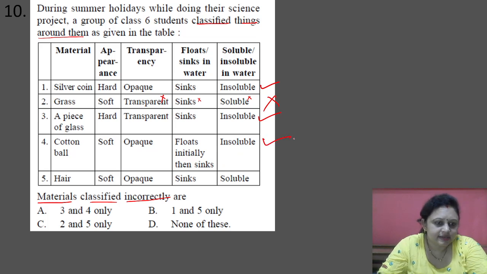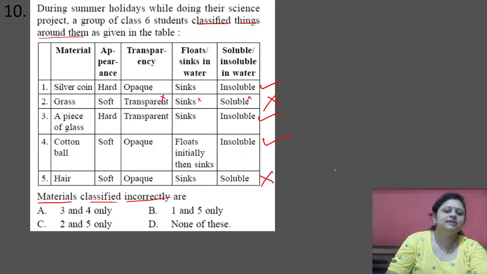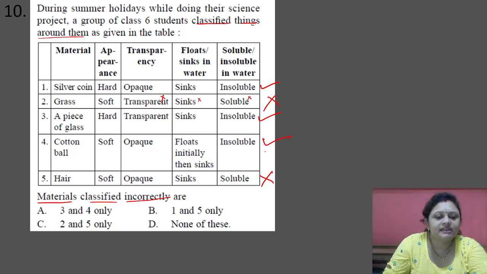Yes, this one is correct. And then here, it is soft, opaque, light cannot pass through it. Floats or sinks in water: sinks. Soluble or insoluble: this one is incorrect. So which two are incorrect? That is 2 and 5. So the correct answer is option C.